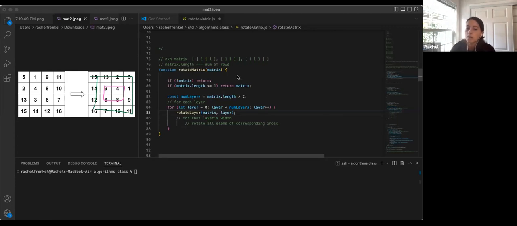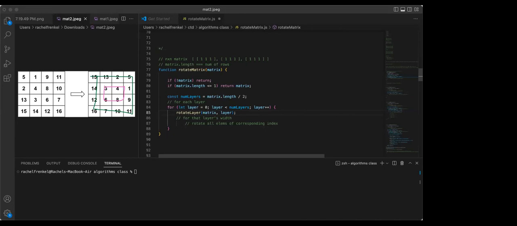So for each layer, layer 0, layer 1, rotate that layer. Any other questions about the number of layers, how we're going through this? Nope. Okay.